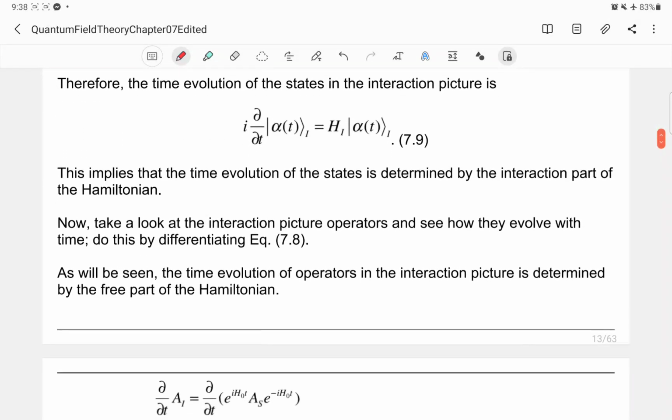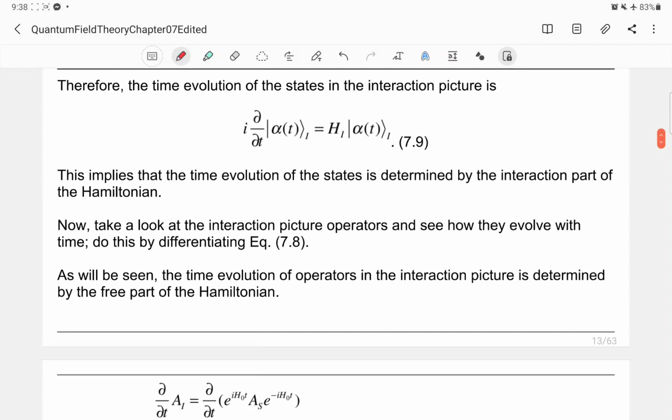So the time evolution of the states in the interaction picture is now given by this one. This only means that the time evolution of the states is determined only by the interaction part of the Hamiltonian.